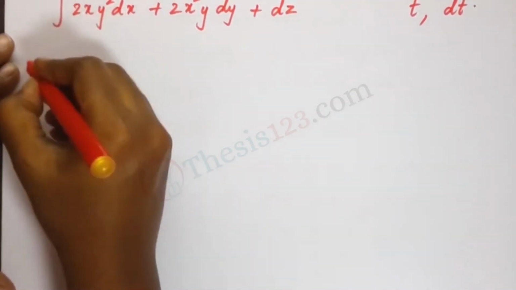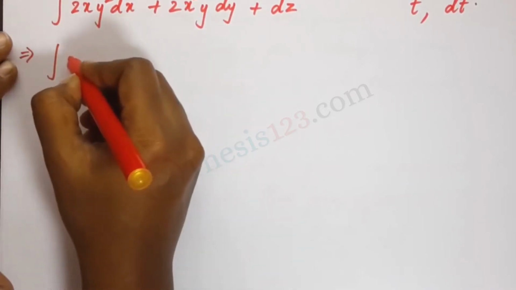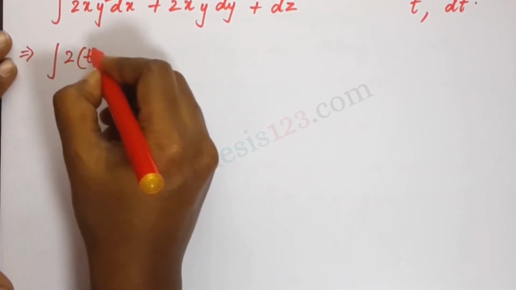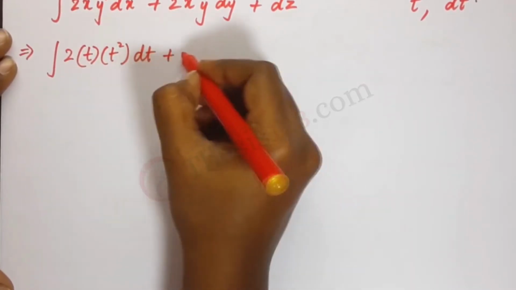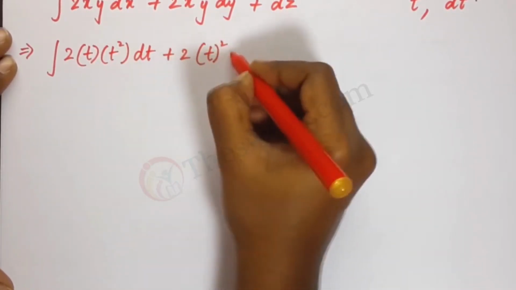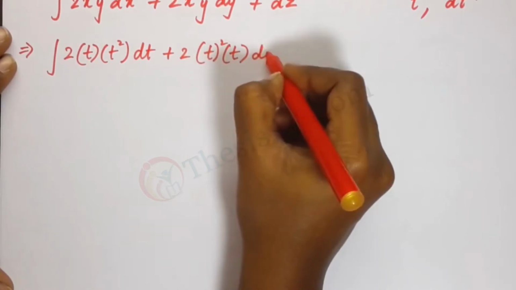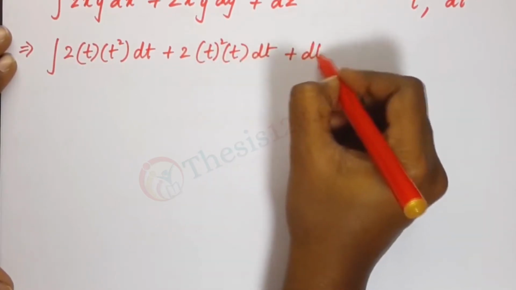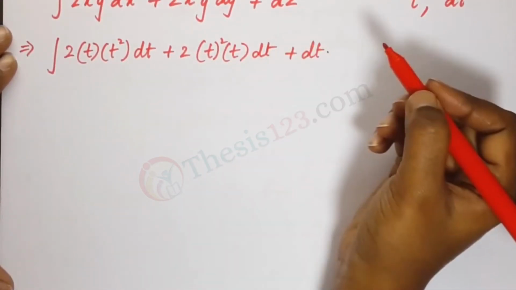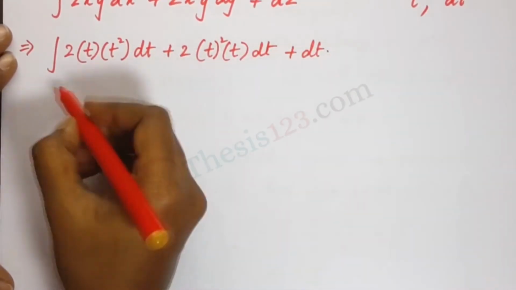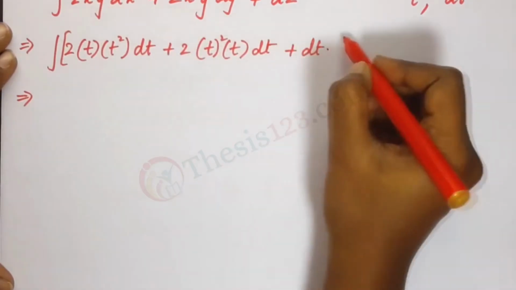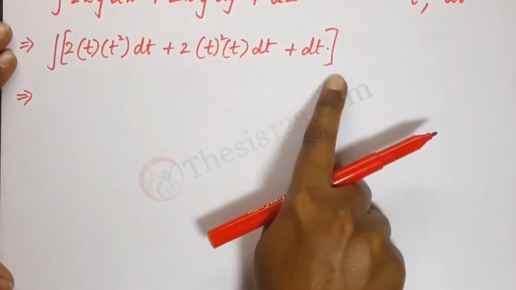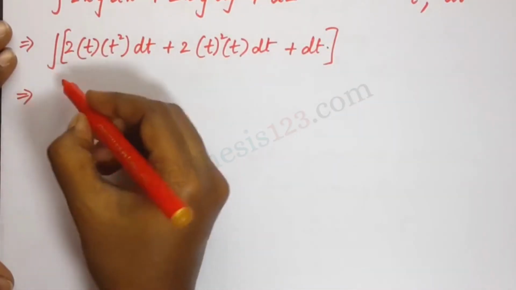So this implies, so we have 2 times t square dt plus 2 t square t dt plus dt. Right, okay. This is the entire integral of the entire equation.